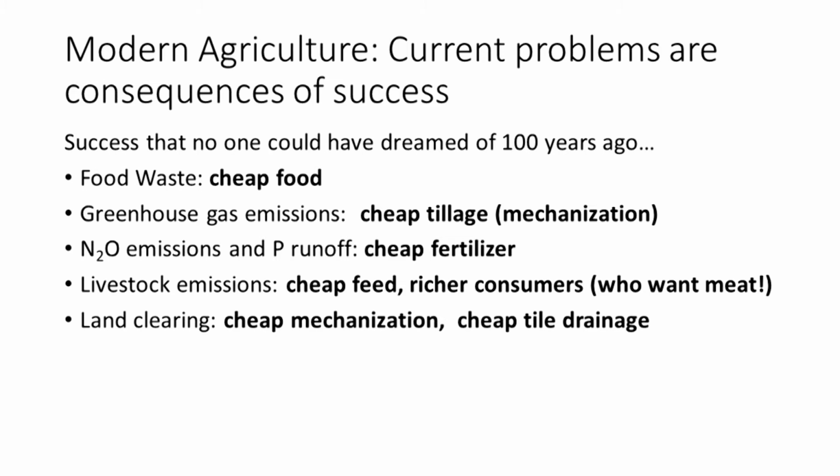Nutrient pollution. We have nitrous oxide emissions, a potent greenhouse gas from nitrogen fertilizer use. We have phosphorus runoff from agricultural fields into the Great Lakes. That's because of high rates of phosphorus being applied to agricultural land, so the soils are very rich in phosphorus. This is a consequence of cheap fertilizer, plant nutrients that are widely available, inexpensive.